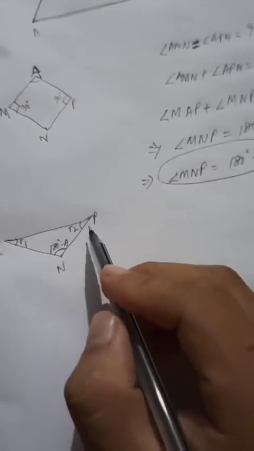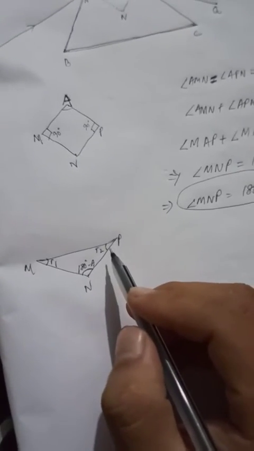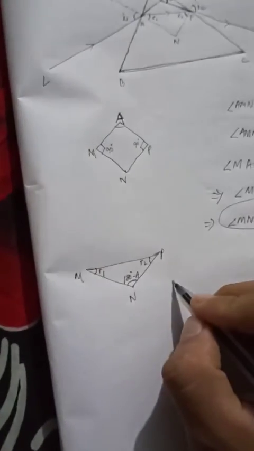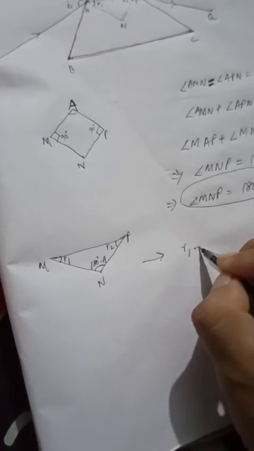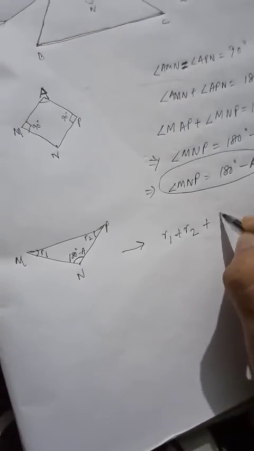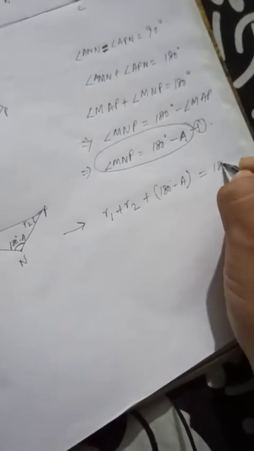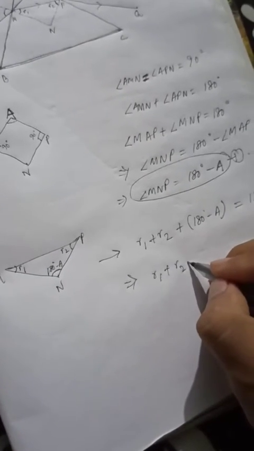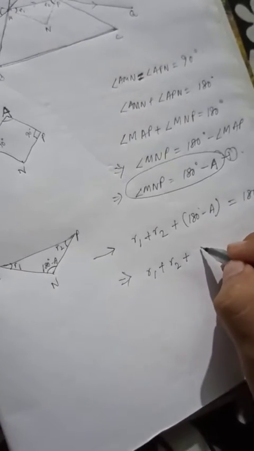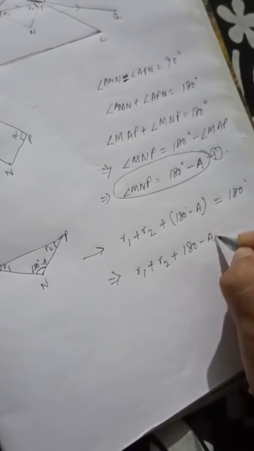Now we know that the sum of all the three angles of a triangle is equal to 180. So let us write over here R1 plus R2 plus 180 degrees minus A should sum to how much? 180 degrees. This implies that R1 plus R2 plus 180 minus A is equal to 180 degrees.